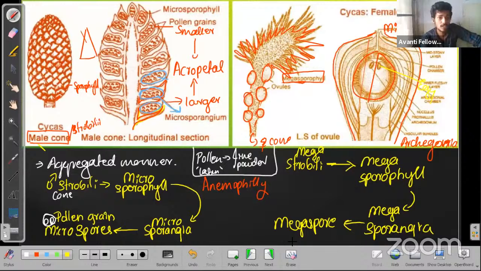So what is microsporocyte and megasporocyte? Can anybody answer?